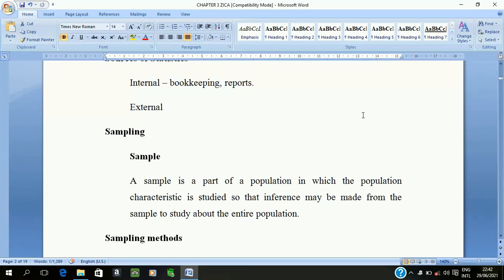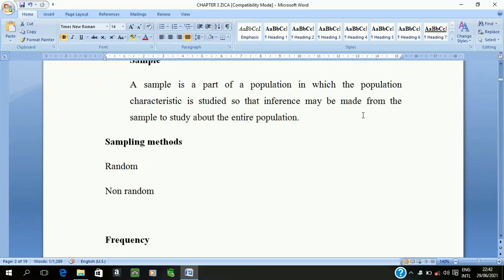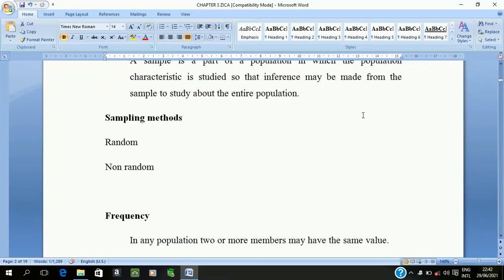There are different methods of picking a sample. These are called sampling methods. Sampling methods might be random or non-random. Random sampling is where there is no bias in the way you pick the sample, so you pick samples randomly.